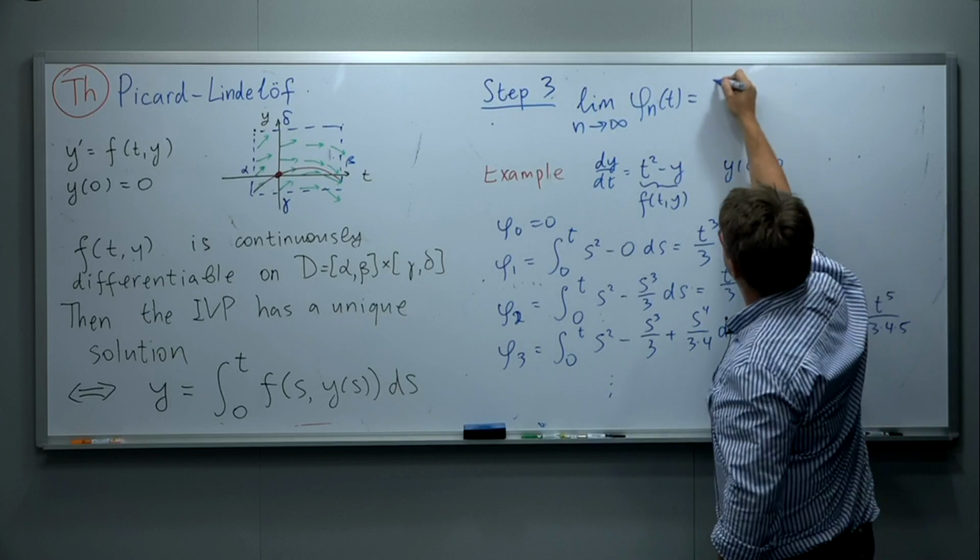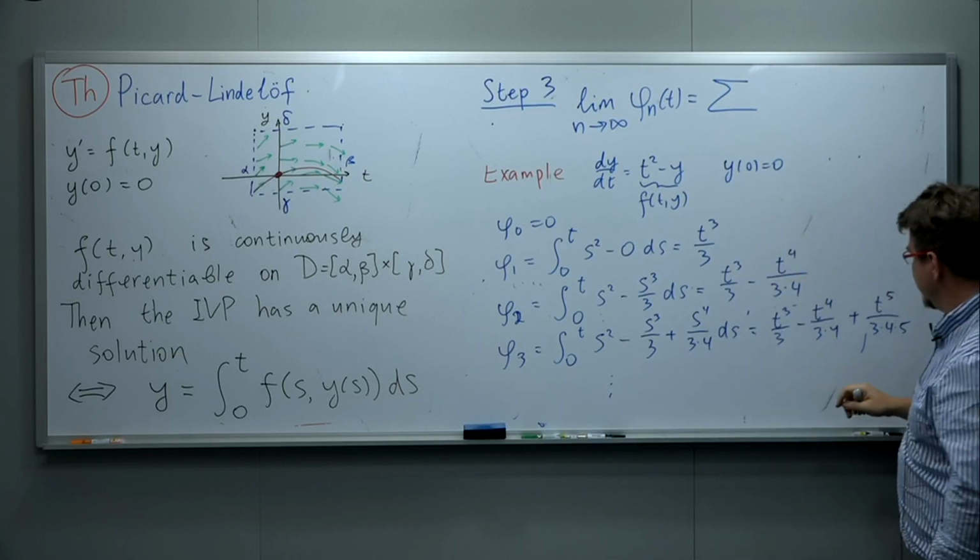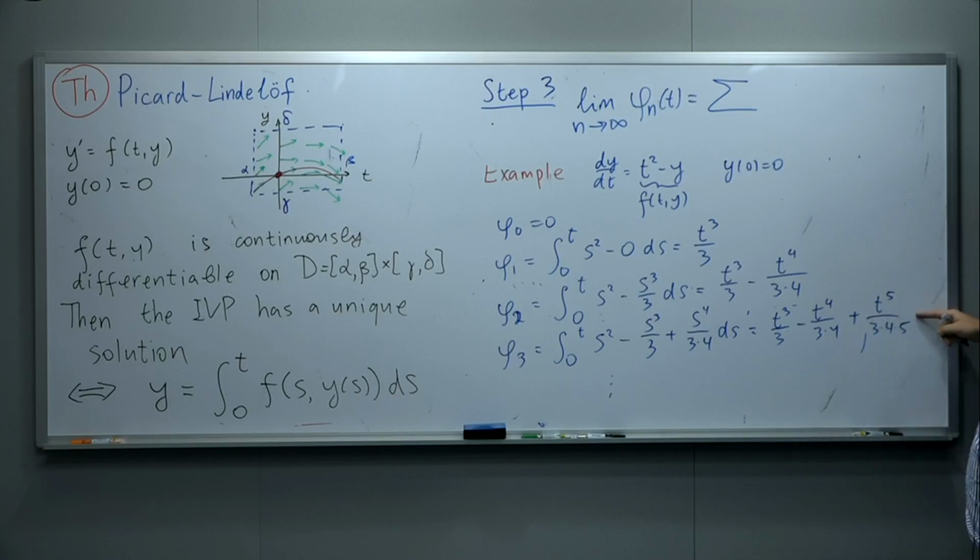So I'm going to write the infinite sum. The next one is minus t to the 6 over 3 times 4 times 5 times 6, plus t to the 7 over, and so on and so forth.